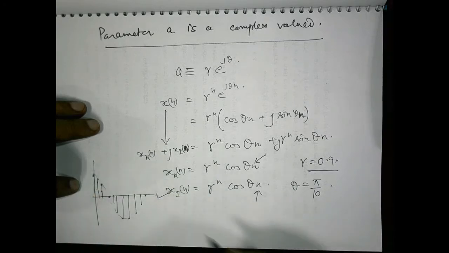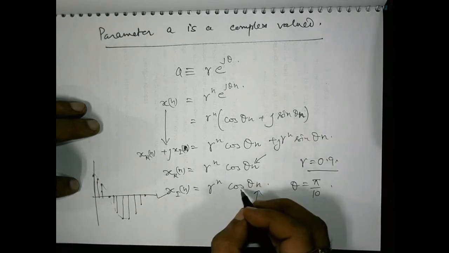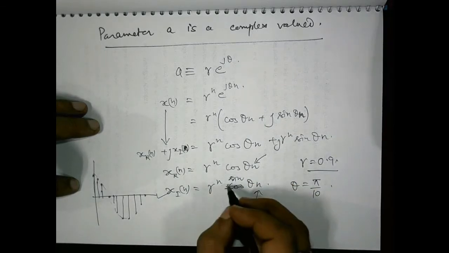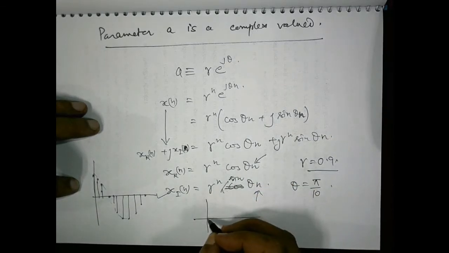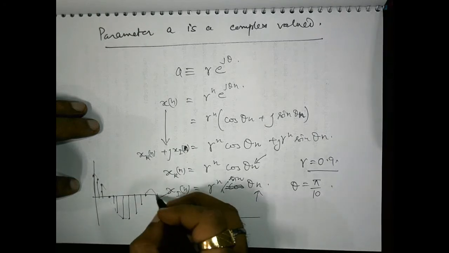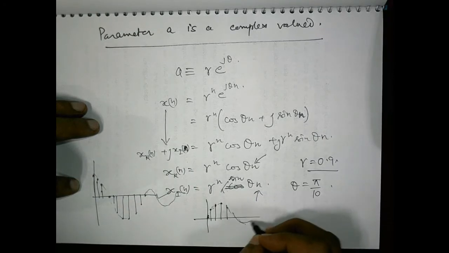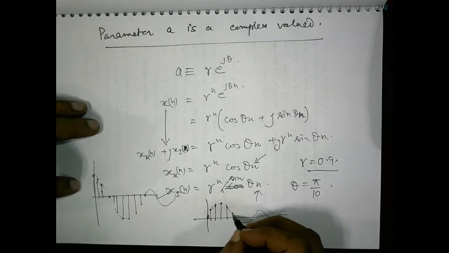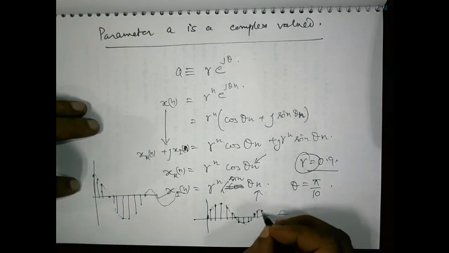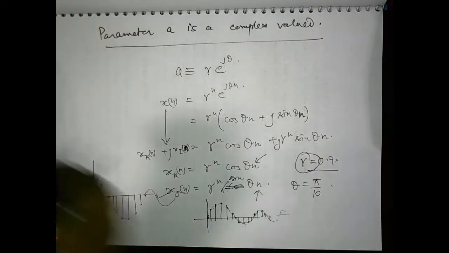Well, and this is R^n sin theta n, and this sin theta n can be drawn like this. And it will decay, this sin theta part will also decay because of this R^n term. So the exact drawing, I'll show you.